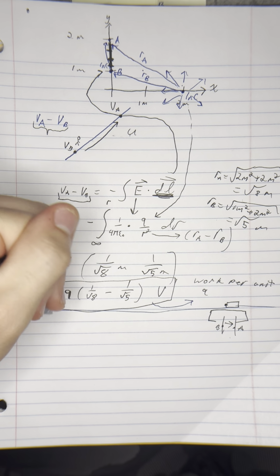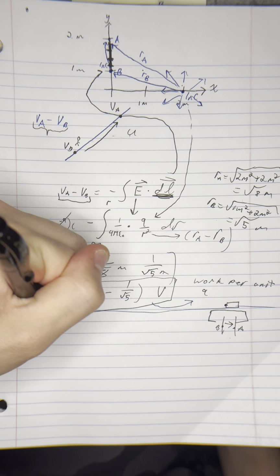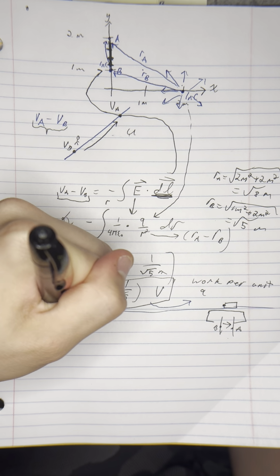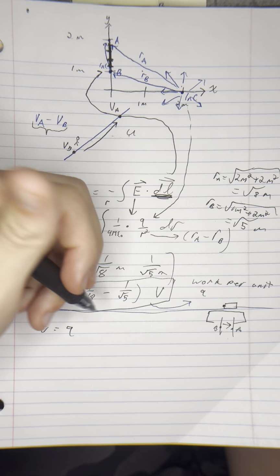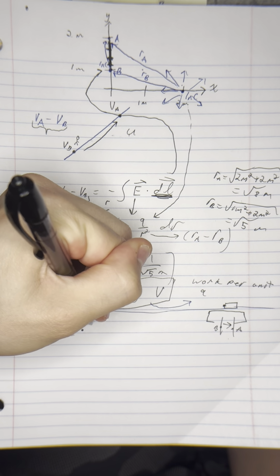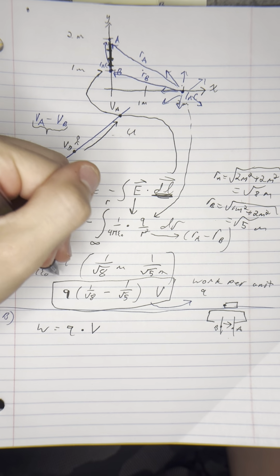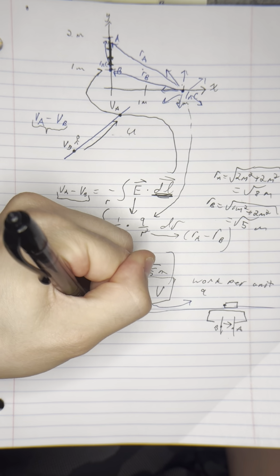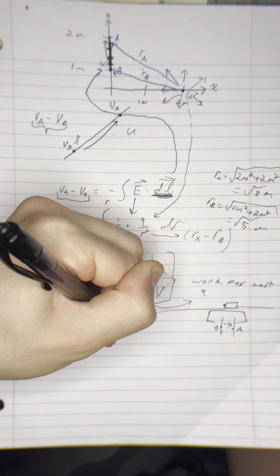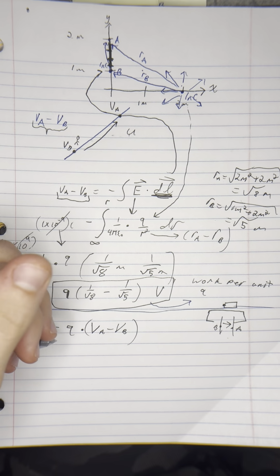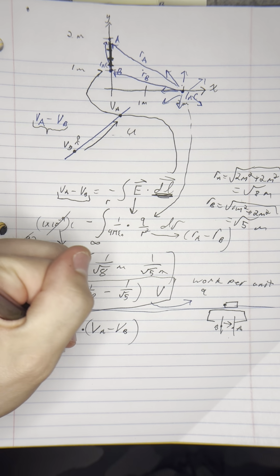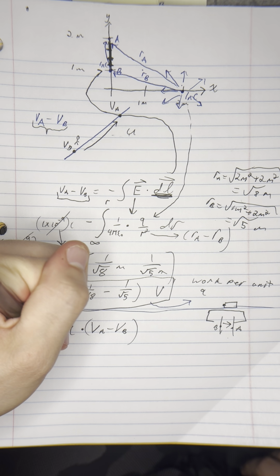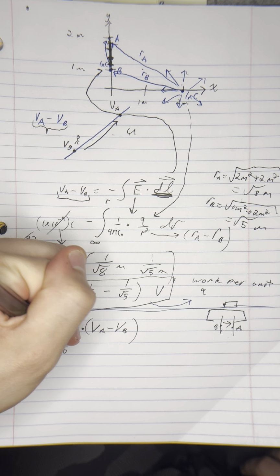So if this is work per unit charge, total work is going to equal our charge times this that we already found. Easy, right? Because the question specifically says 1 nanocoulomb test charge. So that is a very convenient number.